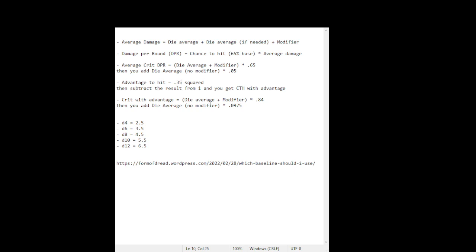So what you do in order to add the potential to crit is you just take your average die.